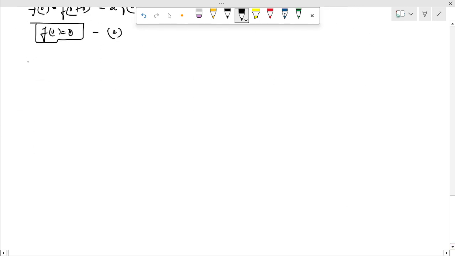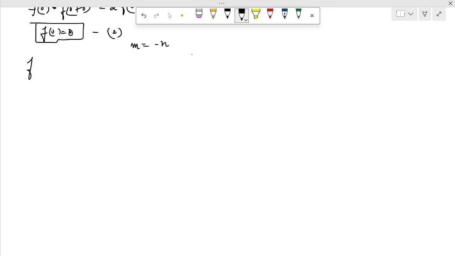Now, similarly, I can simply write m equal to minus n. So if n belongs to natural numbers, then m will be a negative integer. So f(m+n) will be equal to f(0), and we know that f(0) is 0. And f(m+n) is equal to f(m) + f(n).